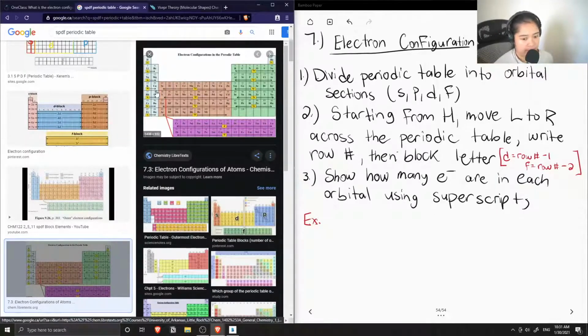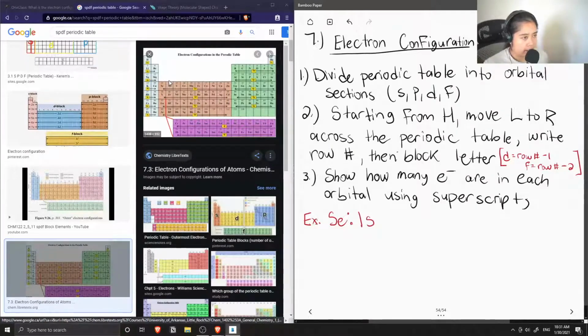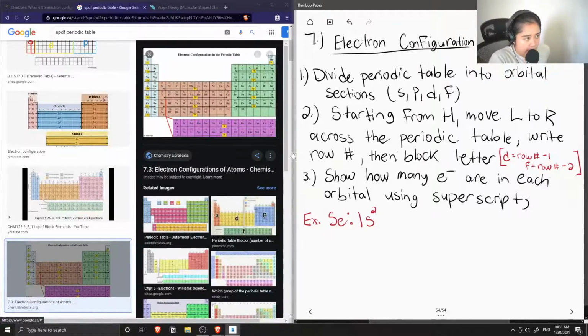Starting from hydrogen, I'm going to write the row number, which is 1, and then the block letter, S. To show how many electrons can be in the s orbital, we use the superscript. Only 2 electrons can fit in an s orbital, so this is the max. So we write 1s2, which corresponds to hydrogen and helium's electron configurations.